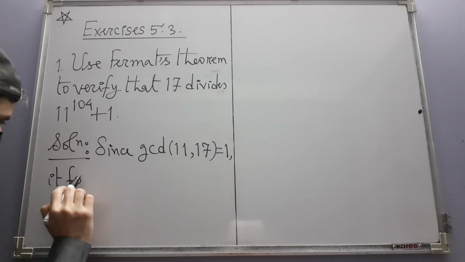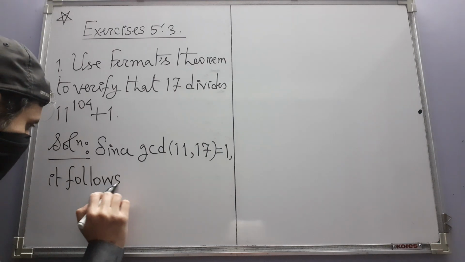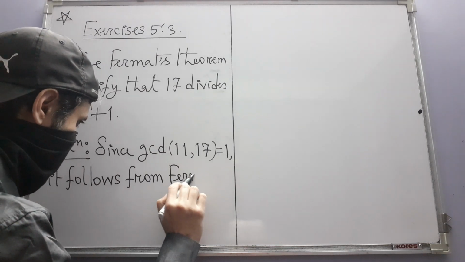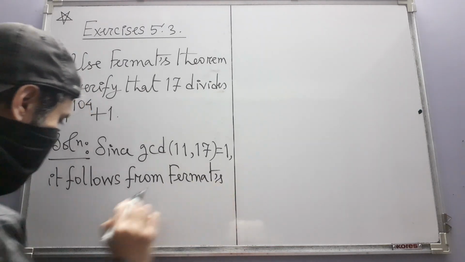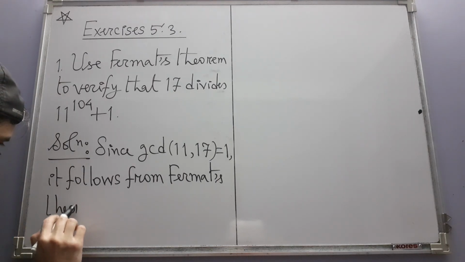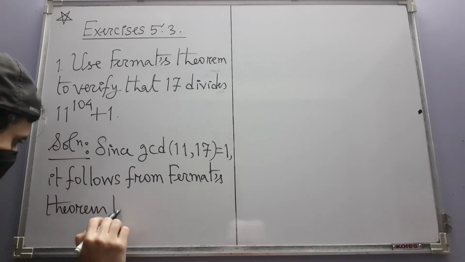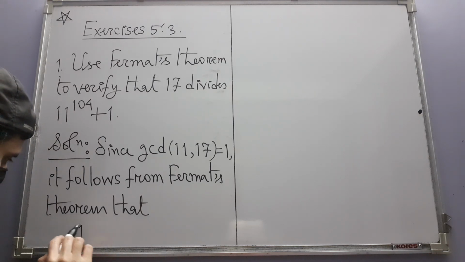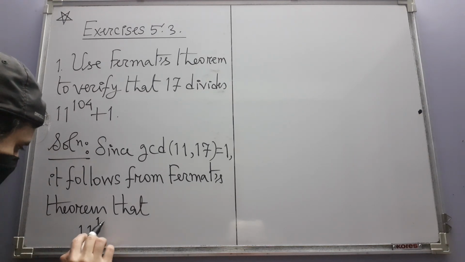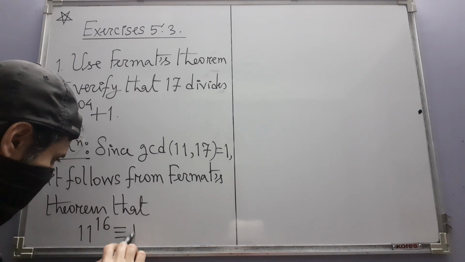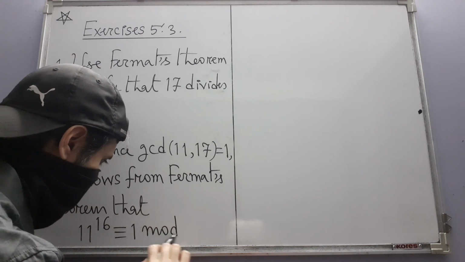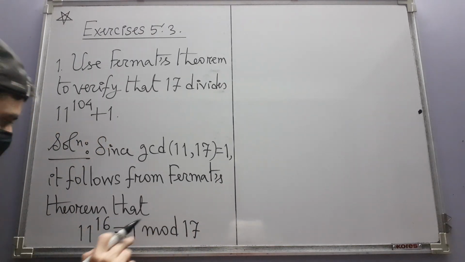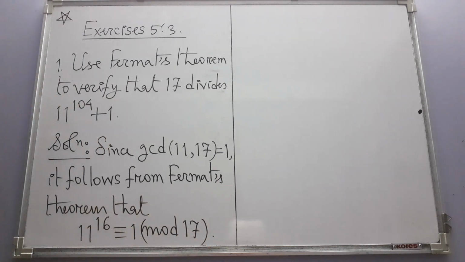It follows from Fermat's theorem that 11 to the power 16 is congruent to 1 modulo 17. The exponent here is 1 less than the modulus.